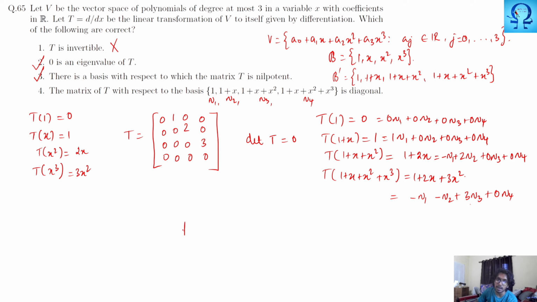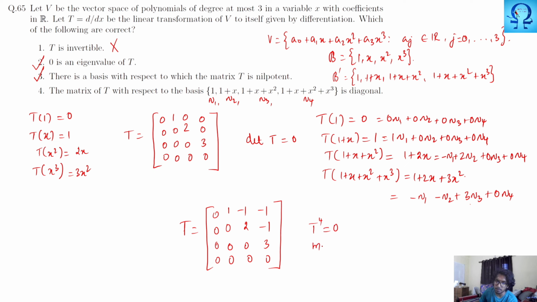If I write the matrix with respect to this basis, what am I going to get? 0 0 0 0, 1 0 0 0, minus 1 2 0 0, minus 1 1 3 0. Again, it is a nilpotent matrix of order 4.